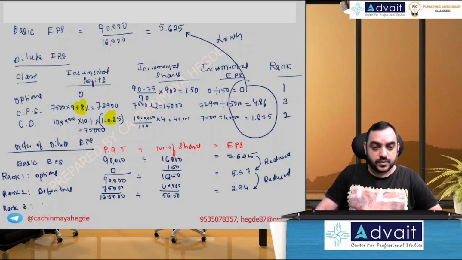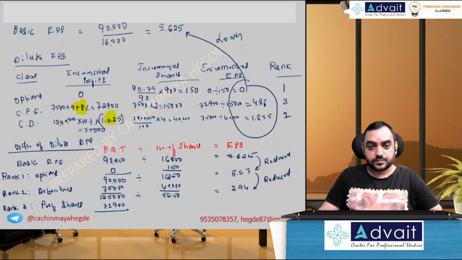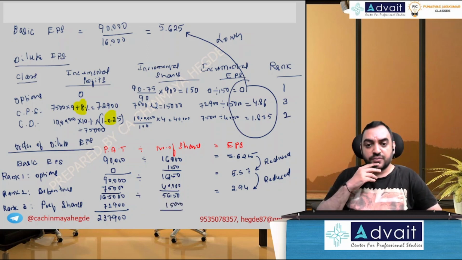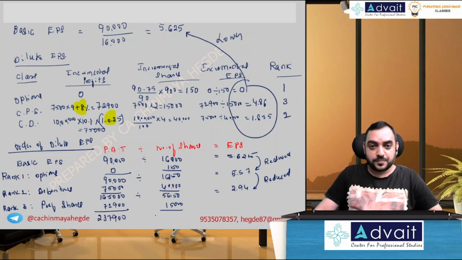Rank 3, preference shares. Add cumulatively. Dividend is 72,900. So 1,65,000 plus 72,900 is 2,37,900. Number of preference shares 15,000, so 71,150.